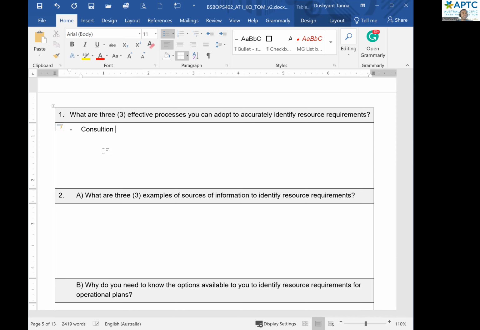That's not a process. I should write consultation with stakeholders, and write a bit more about what I mean by consultation. Even 1 or 2 sentences will do, so your whole answer will have 3 or 4 sentences. So please write a bit more.